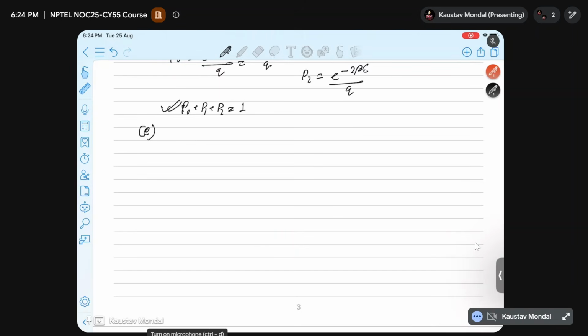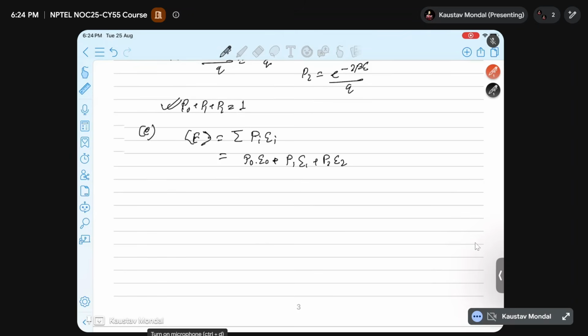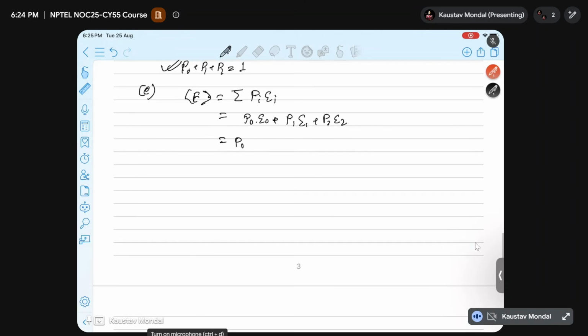Now C is the average energy. The average of any quantity, we know, is the energy of each of the levels or each of the states multiplied with the probability of the particle being in that state. So the average energy is the sum of E_i into P_i. There are three states: P0 into E0 plus P1 into E1 plus P2 into E2.